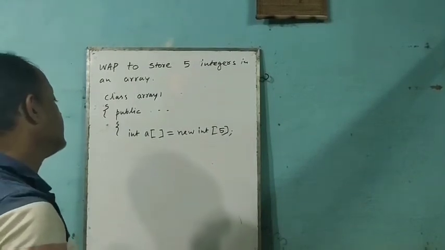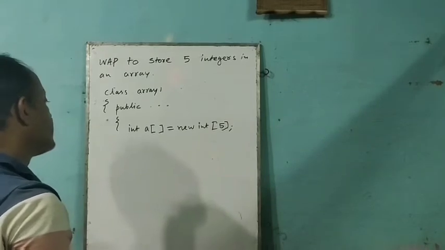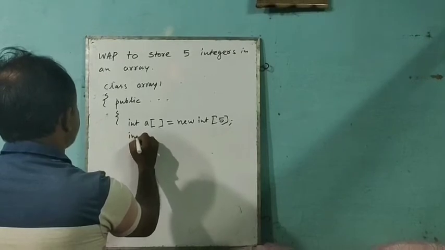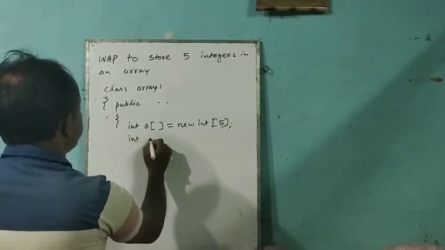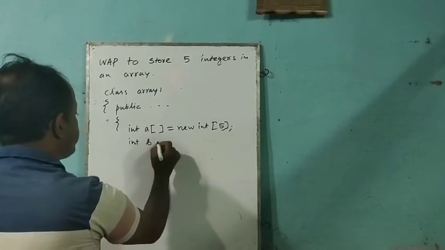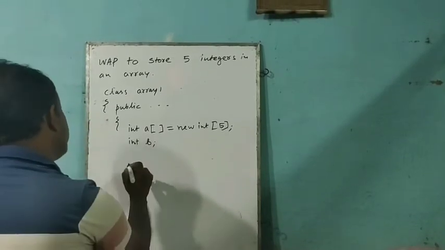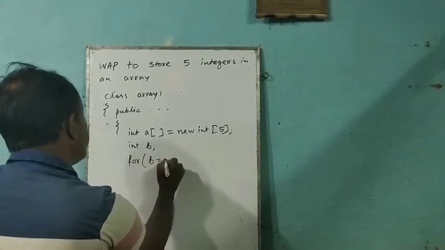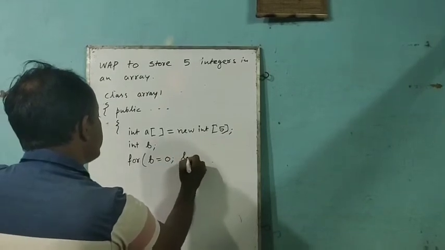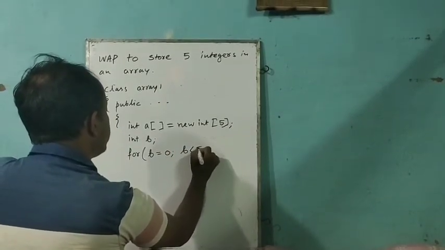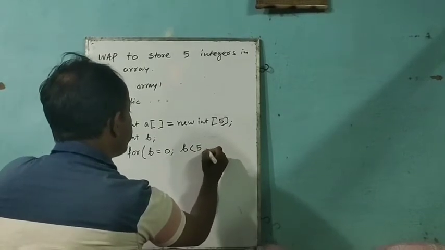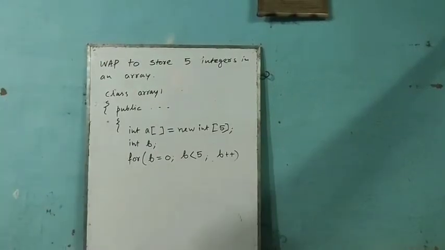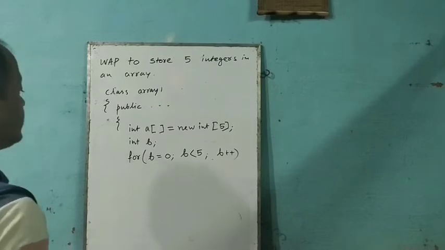Now, in this array, we'll store some numbers. Let me take one more variable b. Then let me create one for loop with b, which starts from 0 and continues till less than 5. b is representing the compartment or cell numbers in the array.